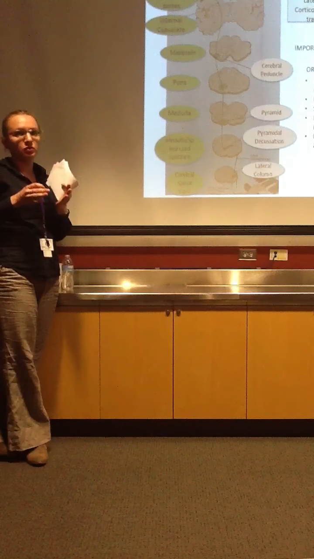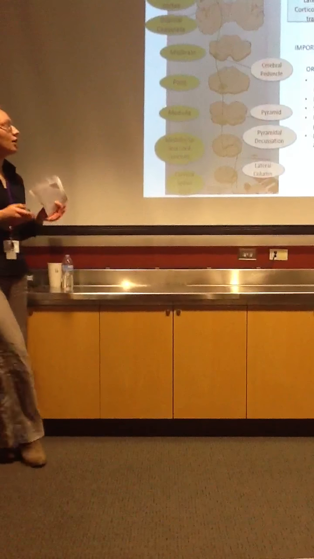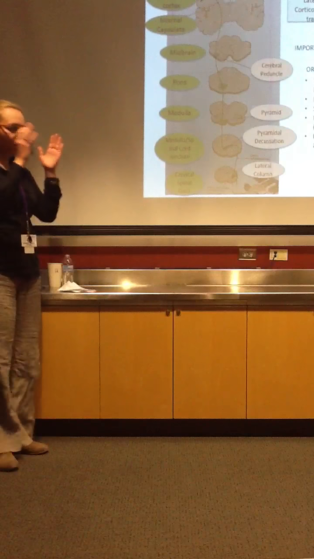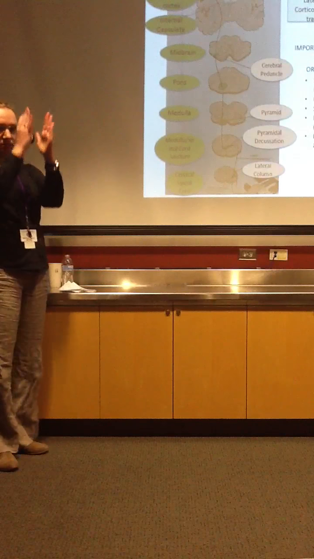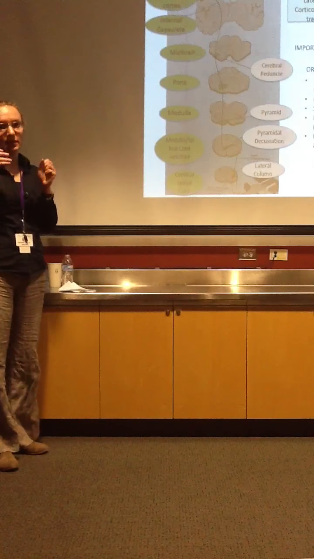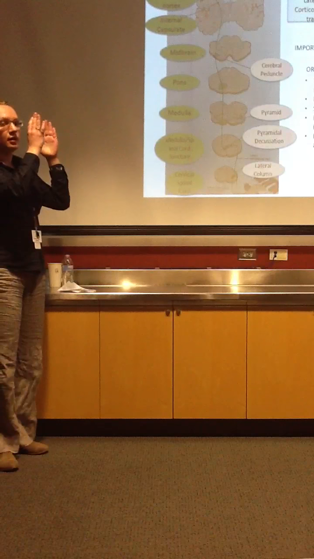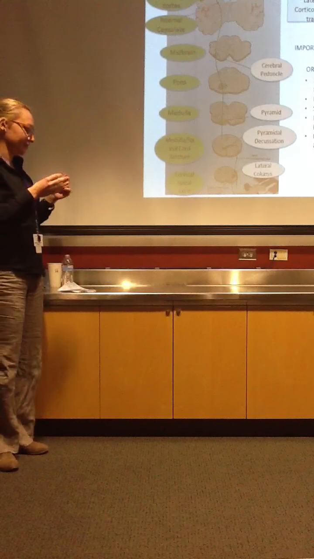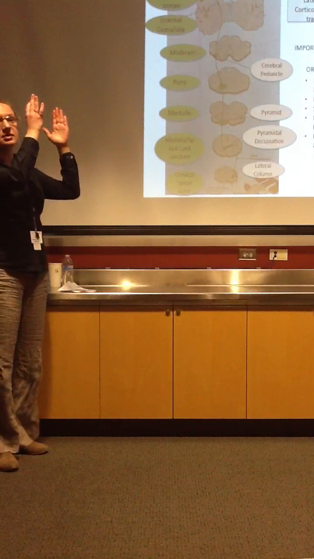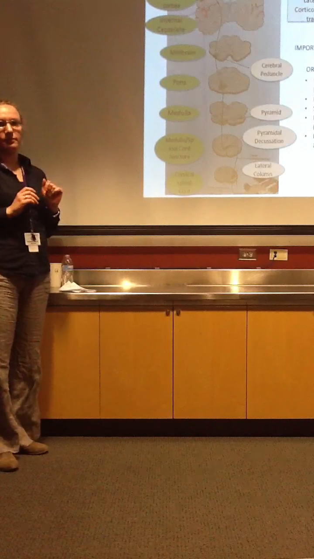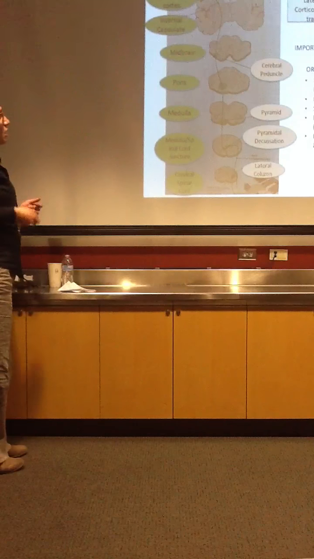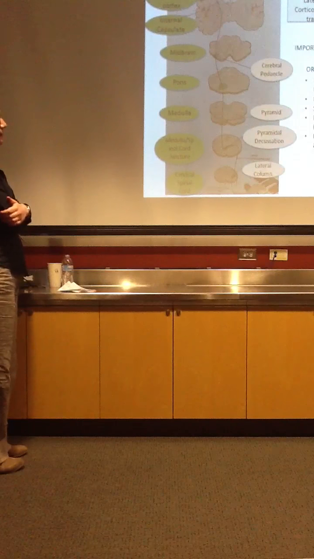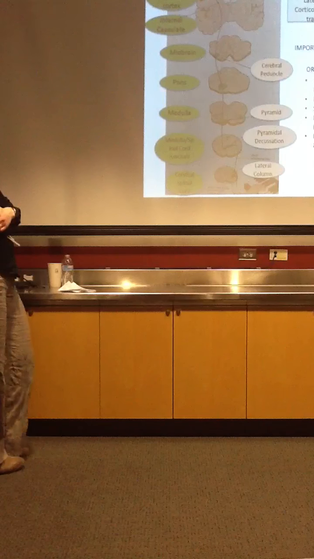So then, say it again. Upper body runs medially. When you say upper body, it means the arm. Yes. And lower body runs laterally. So which one will be more superficial on the surface? If you have the brain, think about the person. This is the head.